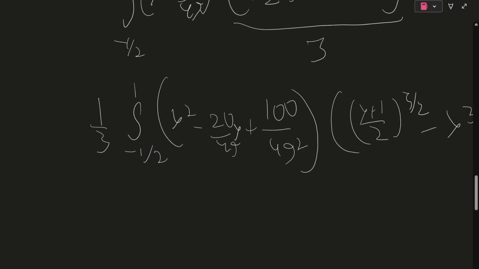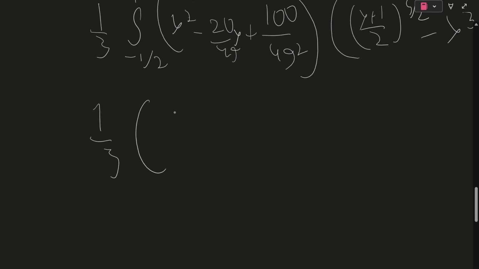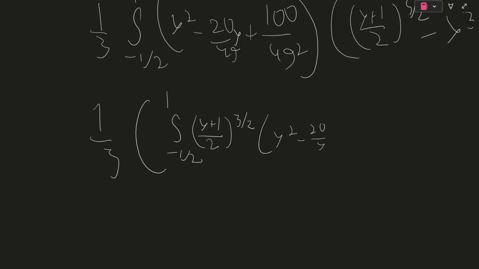So we have 1/3 times the integral from -1/2 to 1 of, and for this one we'll do y plus 1/2 to the 3/2 times y squared minus 20y/49 plus 100/49 squared.